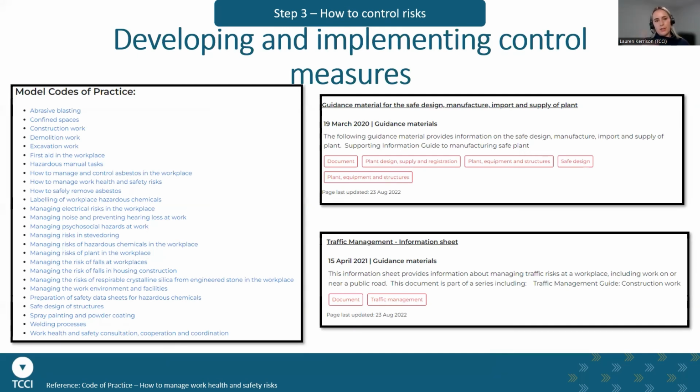Of the guidance materials, the two examples I've given are for safe design, manufacture, import and supply of plant, and traffic management. So if you're ever doing something to do with traffic management, you can jump onto Safe Work Australia and here's a resource or information sheet that you can grab if it's relevant to the risk assessment that you're doing. They're really good. I suggest that you read through any of them that are relevant to your industry sector.